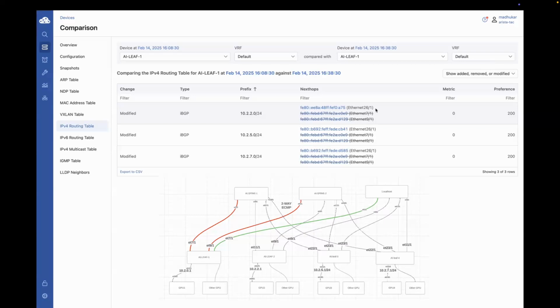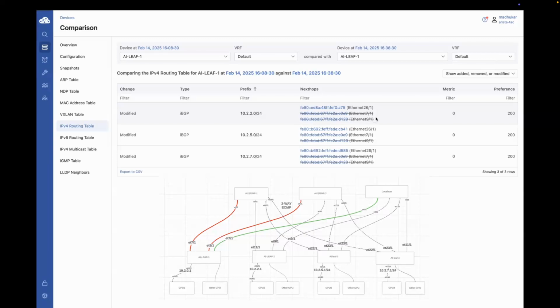Now these are the two-way ECMP links via AI Spine 1 and AI Spine 2, and we should have been routing those as per original design. But during the time of the issue, we see that ET26/1 is more preferred, and that is the link which is connecting to this new spine device.